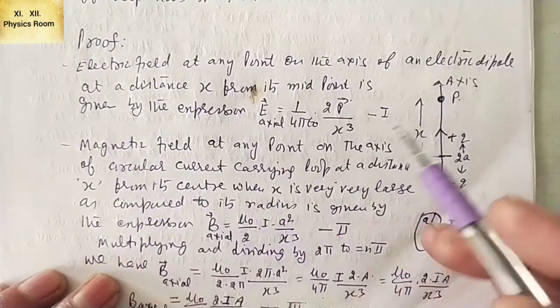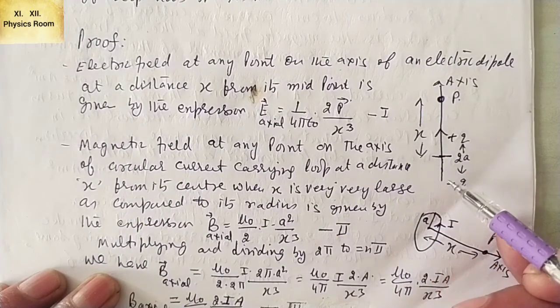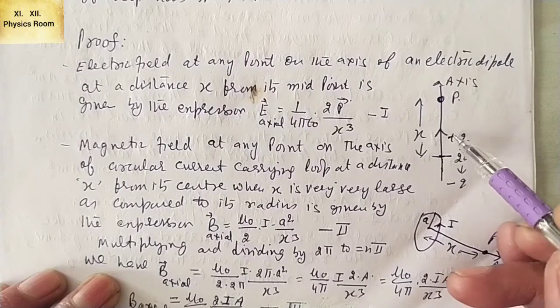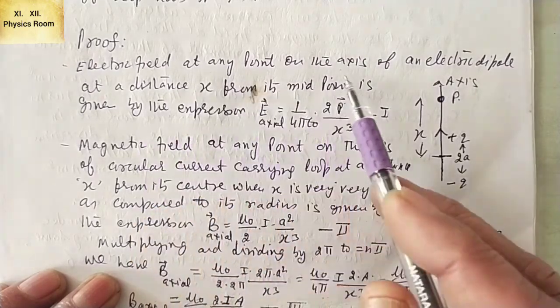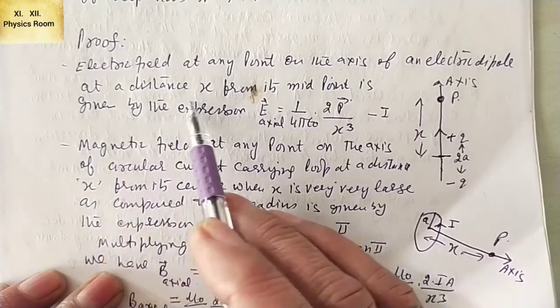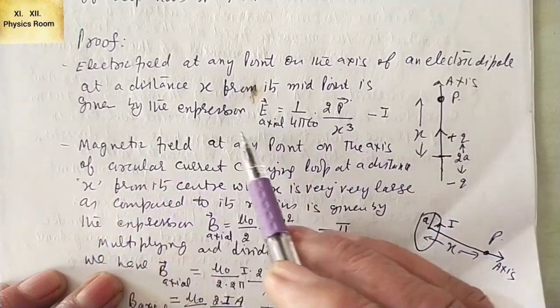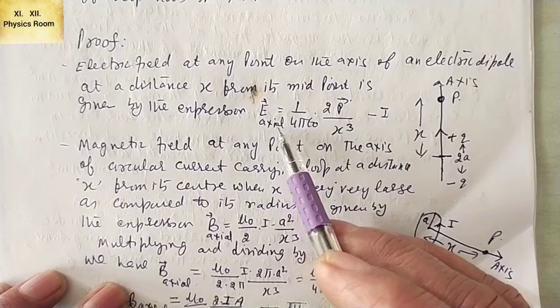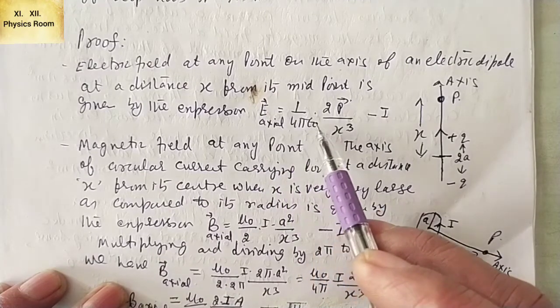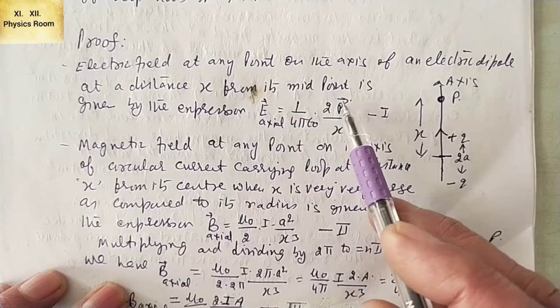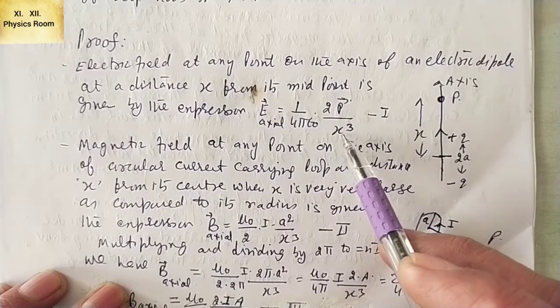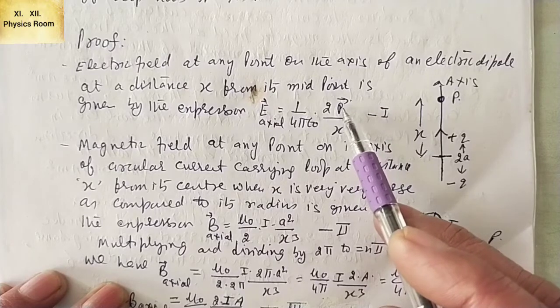Now look at an electric dipole: minus Q, plus Q, separation 2a. The electric field at any point on the axis of an electric dipole, at distance x from its midpoint, is given by the expression E axial is equal to 1 by 4 pi epsilon naught into 2 p vector divided by x cube, where p is the electric dipole moment.